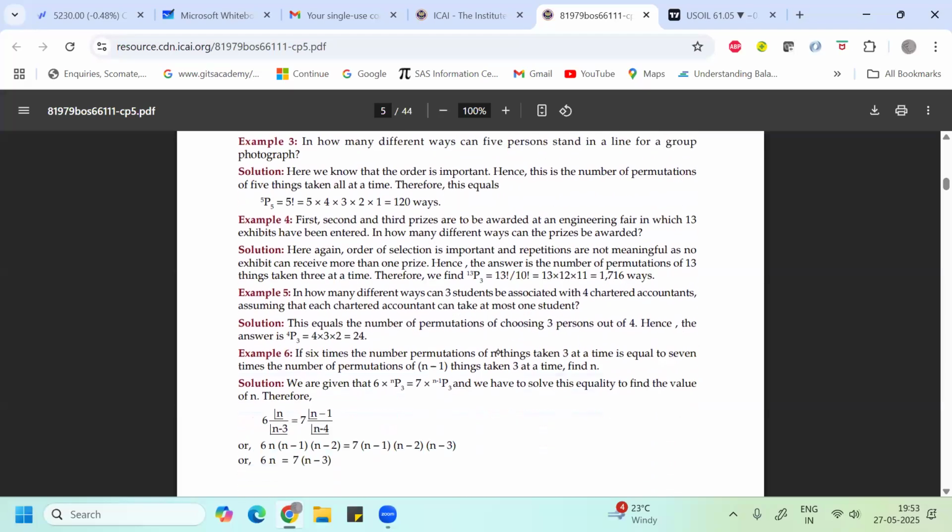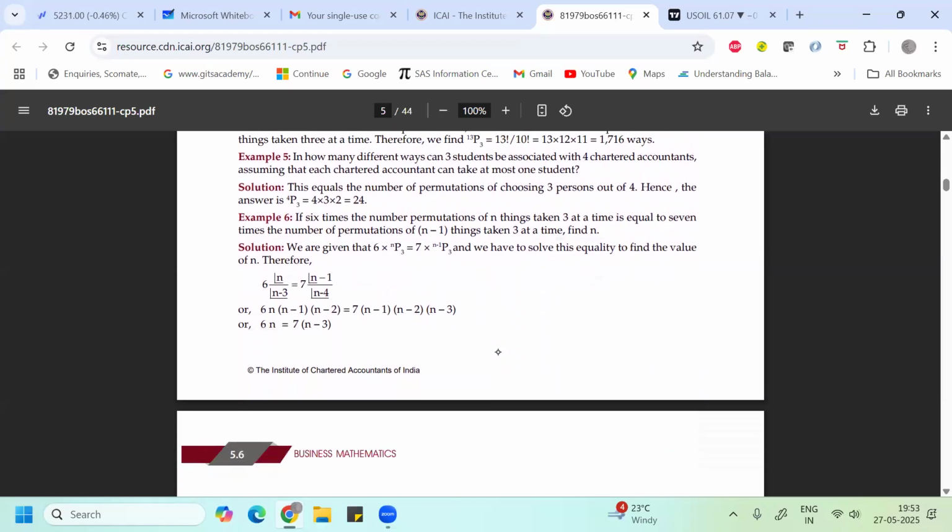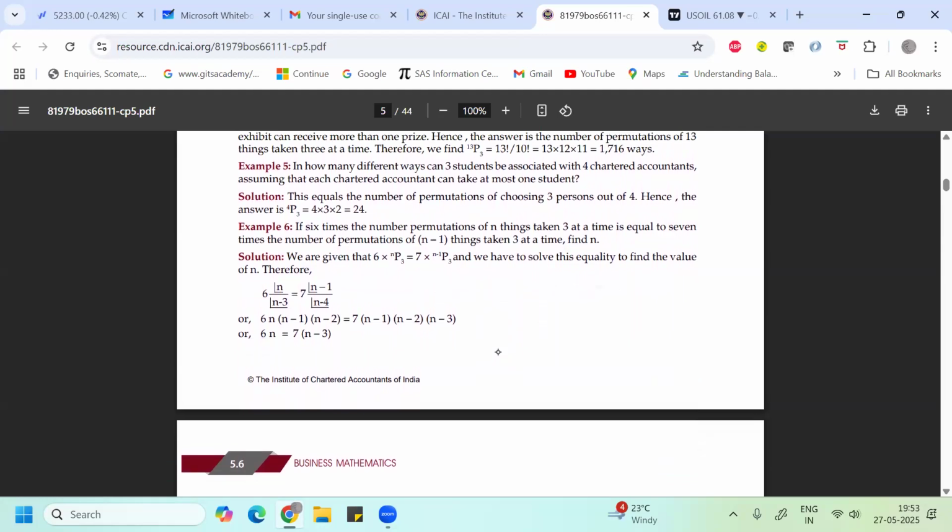If you see example 6: if 6 times the number of permutations of n things taken 3 at a time is equal to 7 times the number of permutations of n minus 1 things taken 3 at a time.